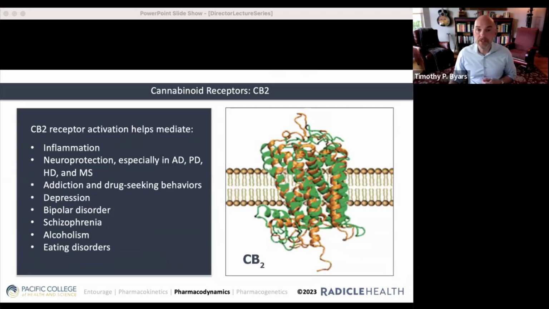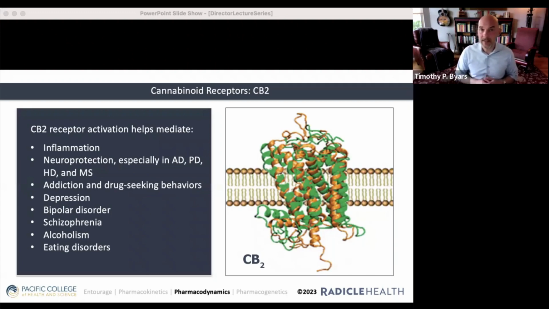CB2 receptors, again, we talked about these a little bit last lecture. A couple of important facets to remember are, one, that the number of available CB2 receptors increases significantly during inflammation. That's probably because there are a lot of CB2 receptors on the types of cells that are involved when we have an immune response. And then secondly, CB2 receptor activation doesn't really produce the type of psychoactivity that we tend to associate with CB1 receptor activation.